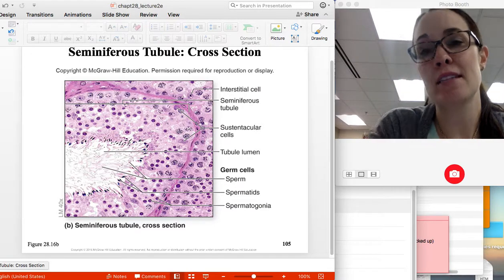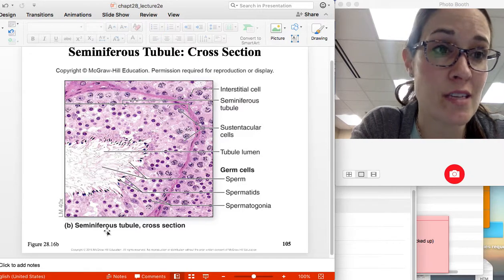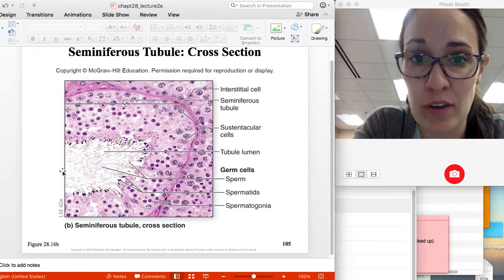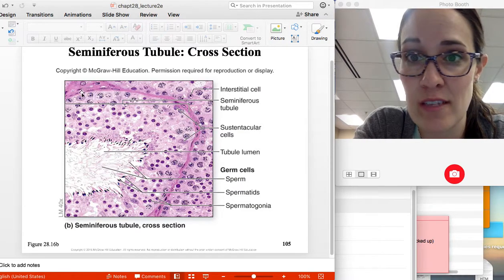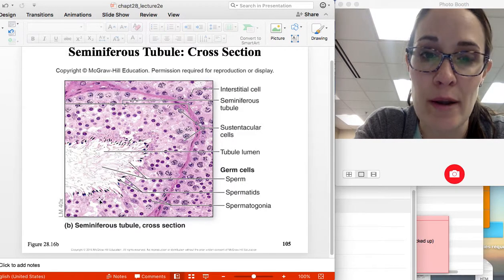This is a histology of the testes of a seminiferous tubule. So one of these coiled areas that has been cut, we're looking in on it. This is the outside of the tubule right here, this line. And then this is the inside of the tubule, or the lumen.